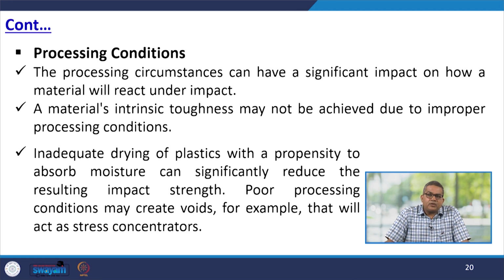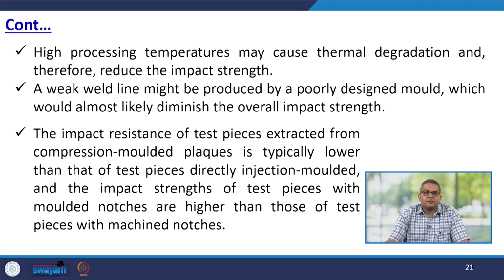The inadequate drying of plastics with a propensity to absorb moisture can significantly reduce the resulting impact strength. Poor processing conditions may create voids, for example, that will act as stress concentrators. High processing temperatures may cause thermal degradation and therefore reduce the impact strength.